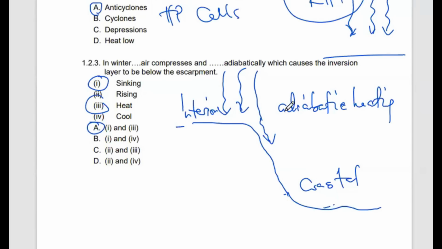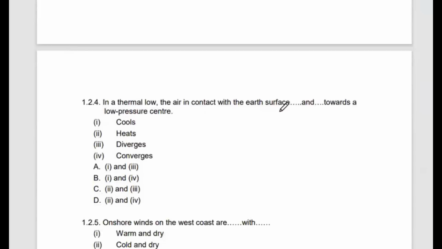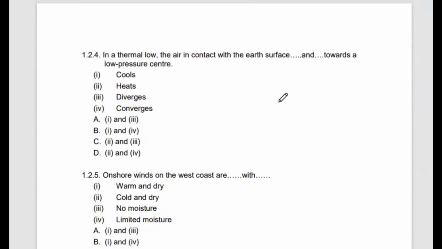Right, moving on to the next question, number 1.2.4. In a thermal low, the air in contact with the surface dash and dash towards a low pressure center. Right, we want to analyze that response and see how the correct responses can match. In a thermal low, we are looking at a situation which is typically summer conditions over the interior. When we have intense heating during summer season, we tend to have a low pressure developing over the interior because of the intense heating or insolation that happens during summer conditions.